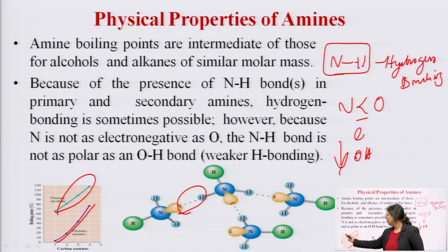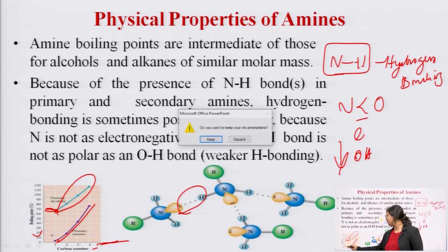With the help of this graph, wherein boiling point is compared with carbon number, equal numbers of carbons in primary alcohol give a much higher boiling point when compared to amines with the same number of carbon atoms.